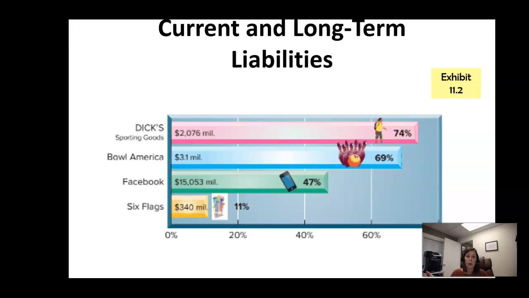There is one little caveat I want to mention when we talk about long-term liabilities. Most long-term loans for buildings, equipment, vehicles, things like that are going to require monthly payments all through the life of the loan. You could certainly have a loan where no monthly payments are due and you just have to pay a balloon payment at some later point. But chances are you're going to be making monthly payments on your long-term loans.